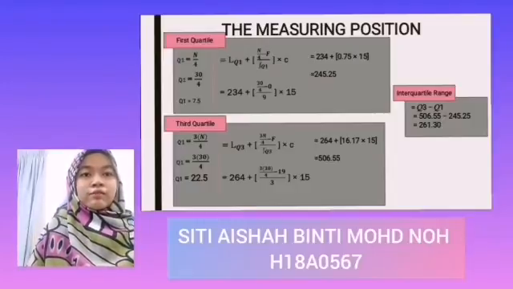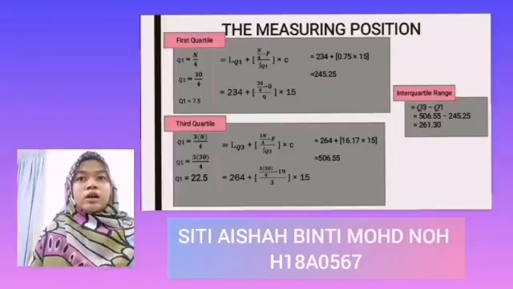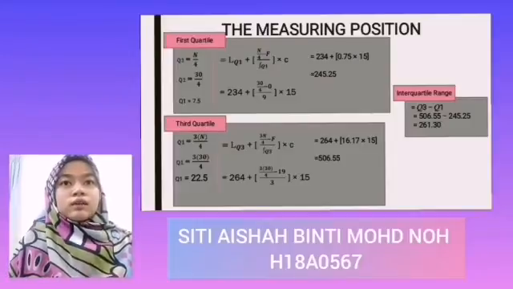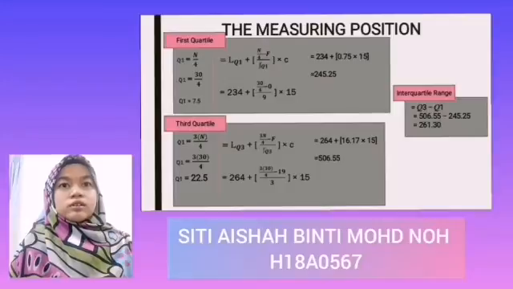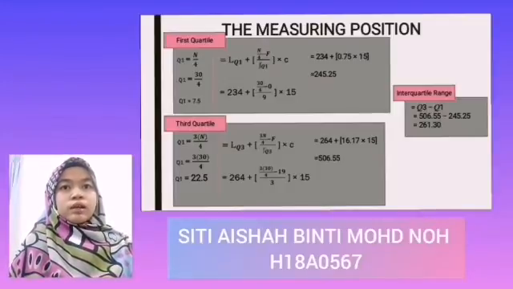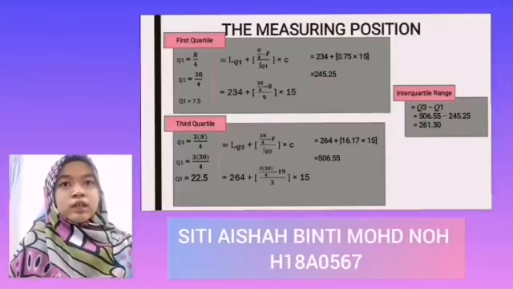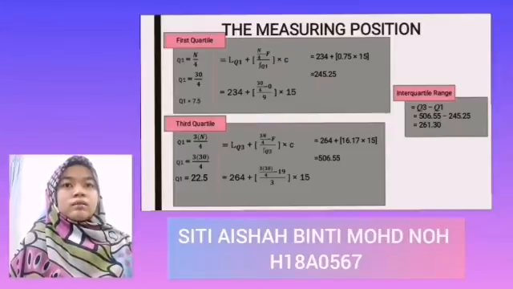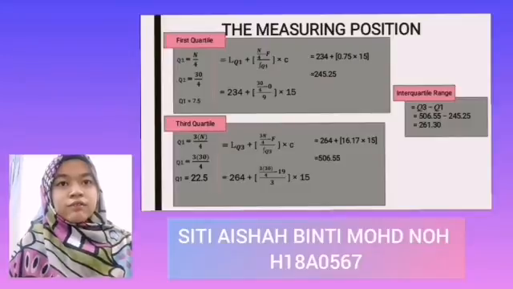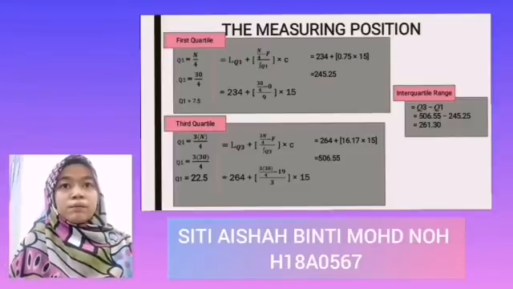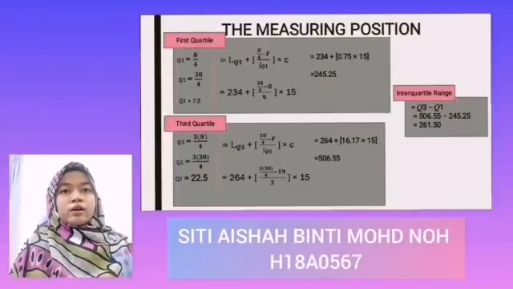Okay, for the third quartile, we use the formula 3n divided by 4, and the answer is 3 times 30 divided by 4, which is 22.5.